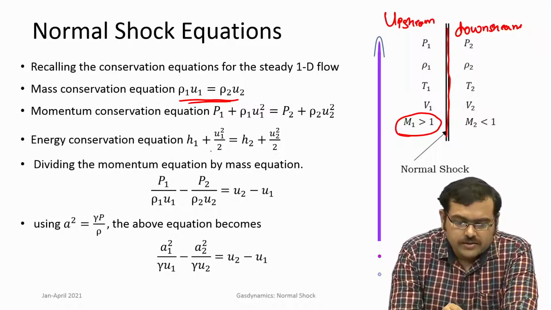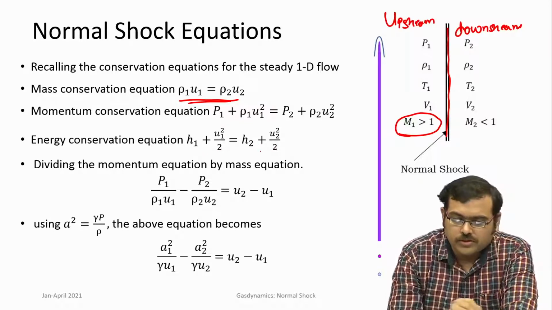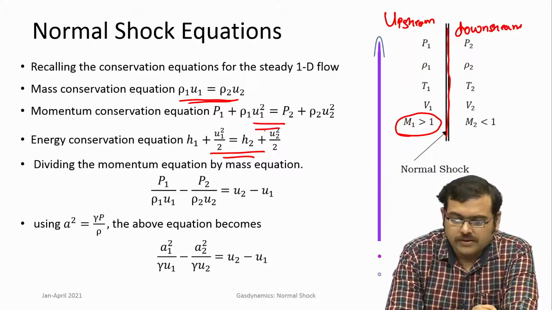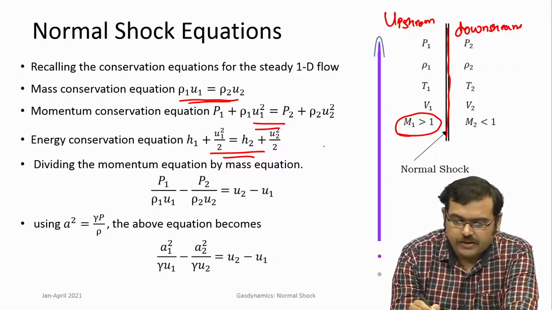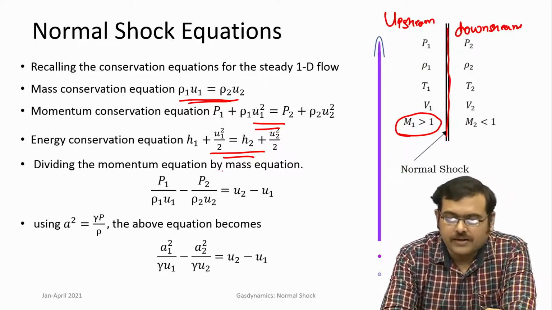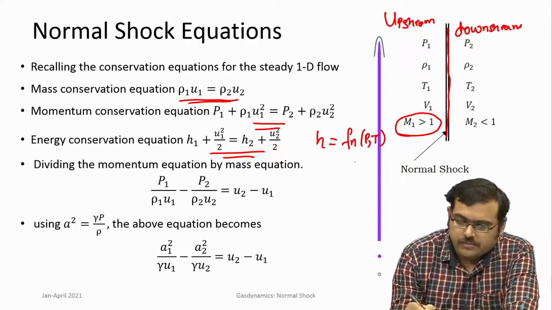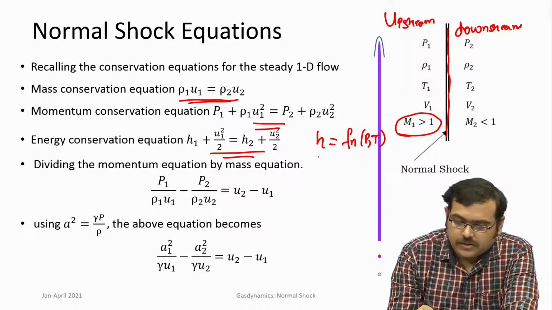Then energy conservation: h1 plus u1 square by 2 equals h2 plus u2 square by 2. These are the three equations, along with thermodynamic relations relating enthalpy as a function of pressure and temperature, and an equation of state. This is the most general form.